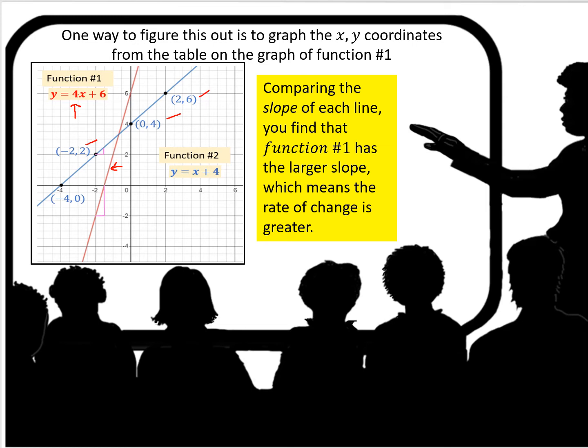And when we graph the points, then we draw a straight line through it. And we find that the slope of this line is 1, the equation being y equals x plus 4. So then all we have to do is compare the slopes of the two lines. We see that function 1 has the larger slope, which means the rate of change is greater.